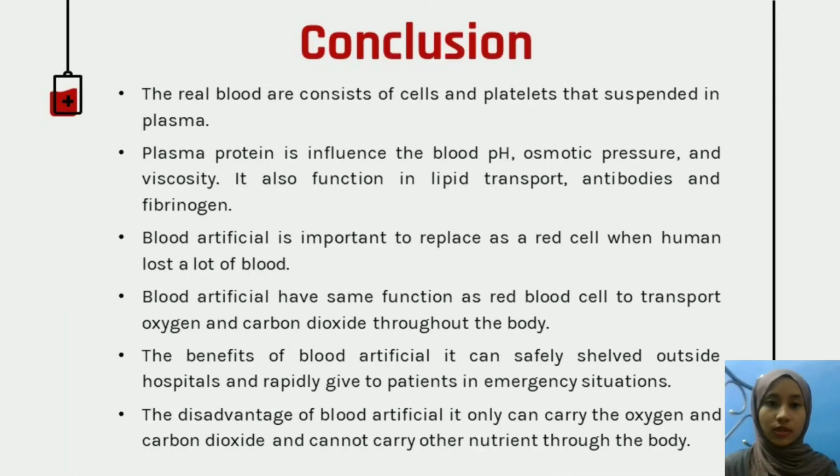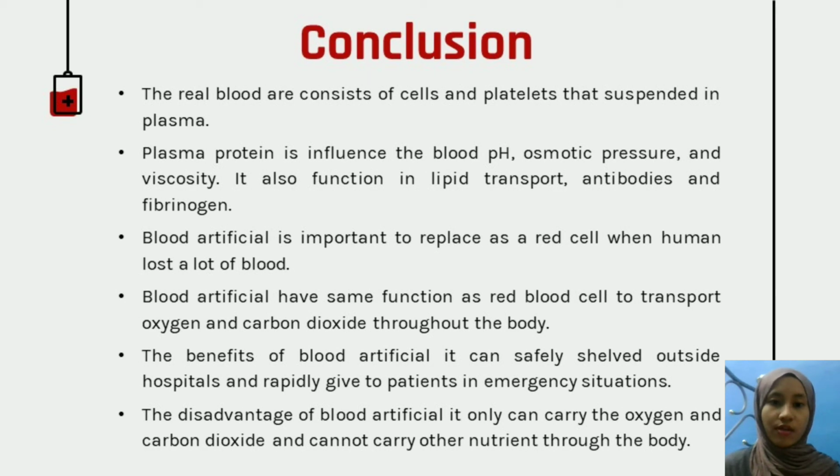The conclusion of the artificial blood is that real blood consists of cells and platelets suspended in the plasma. Plasma protein influences the blood pH, osmotic pressure, and viscosity. It also functions in lipid transport, antibodies, and fibrinogen. Artificial blood is important to replace red blood cells when a human loses a lot of blood.